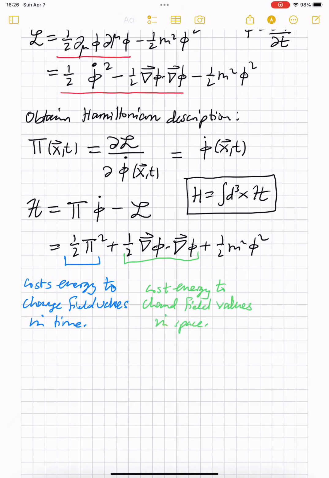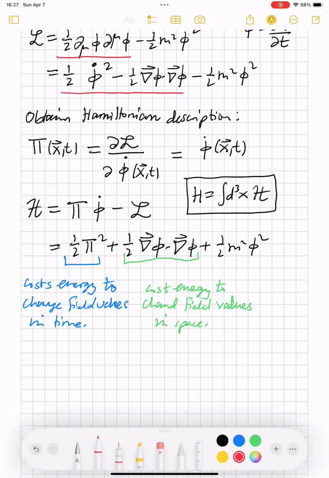So if you've got one value of the field at x, and you want to change it to a different value of the field at some nearby point x plus epsilon, well, of course, that means you make the derivative with respect to x non-zero, and that costs you energy.